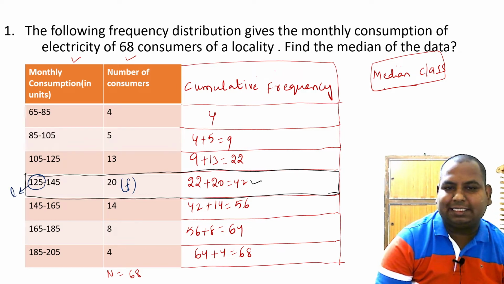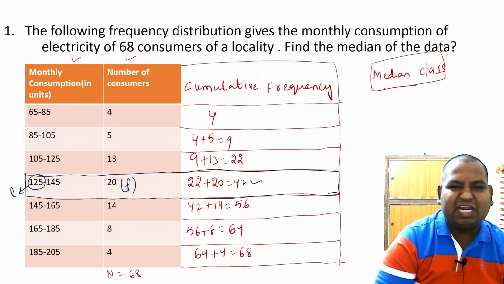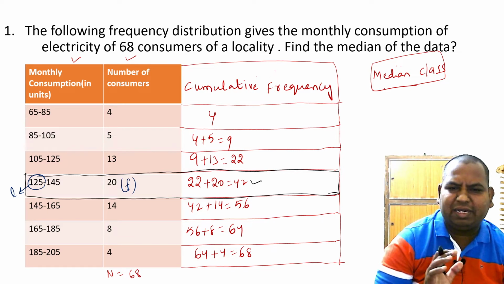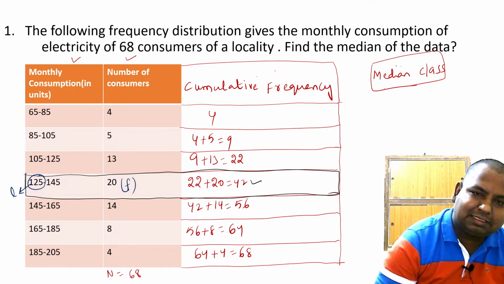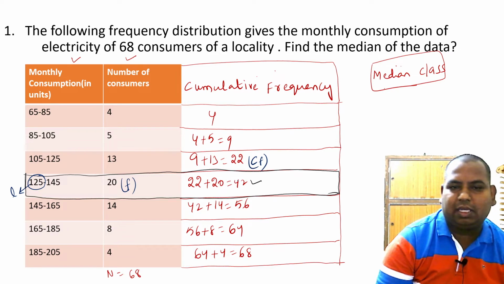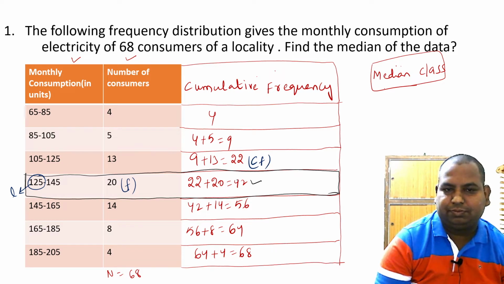Okay. Next, the cumulative frequency of the class interval preceding the median class. That means, what is the cumulative frequency of the class interval before the median class? That is 22. So CF is 22.